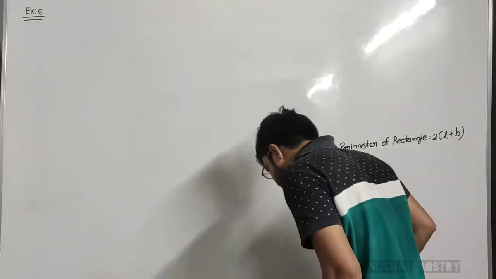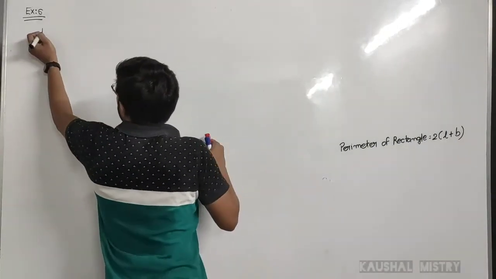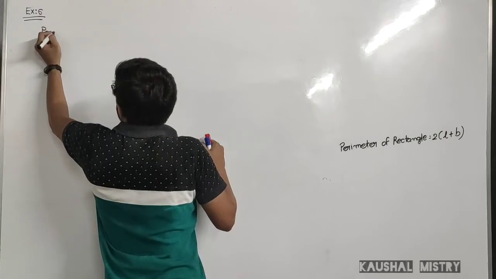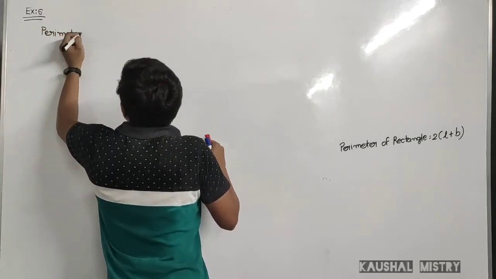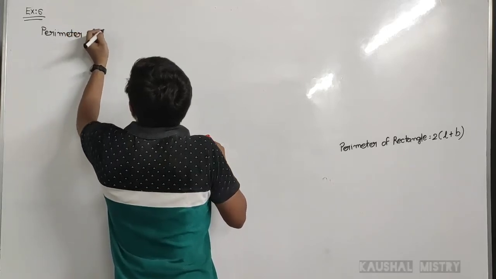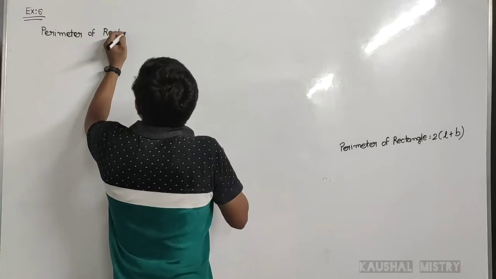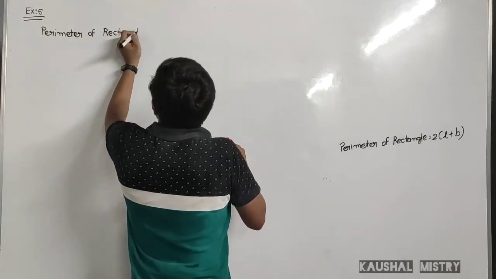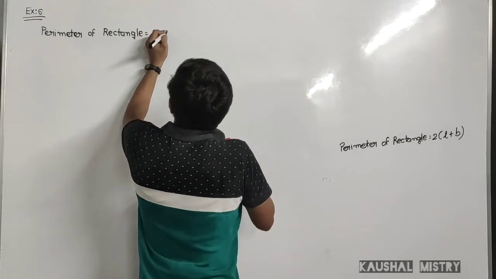Now here it says that the perimeter of the rectangle is equal to 13 meter, right?